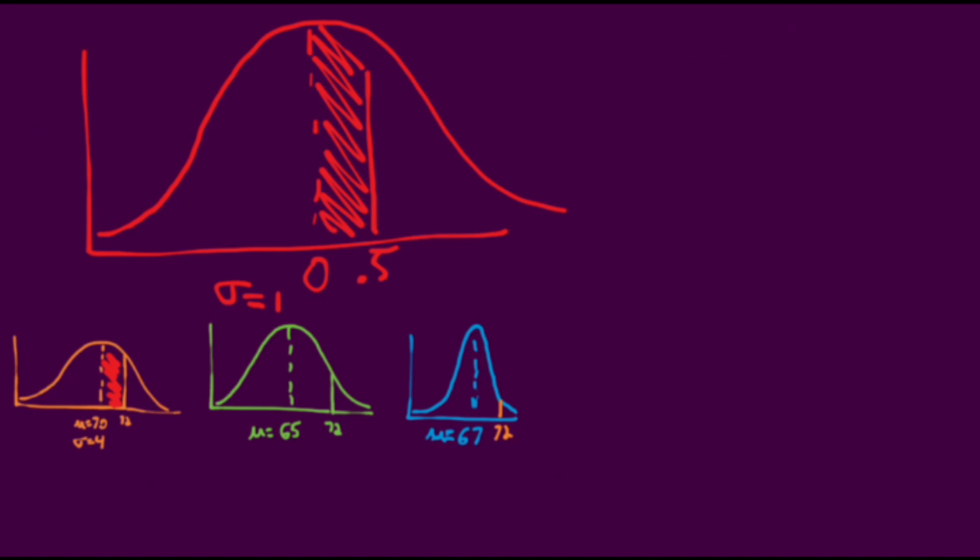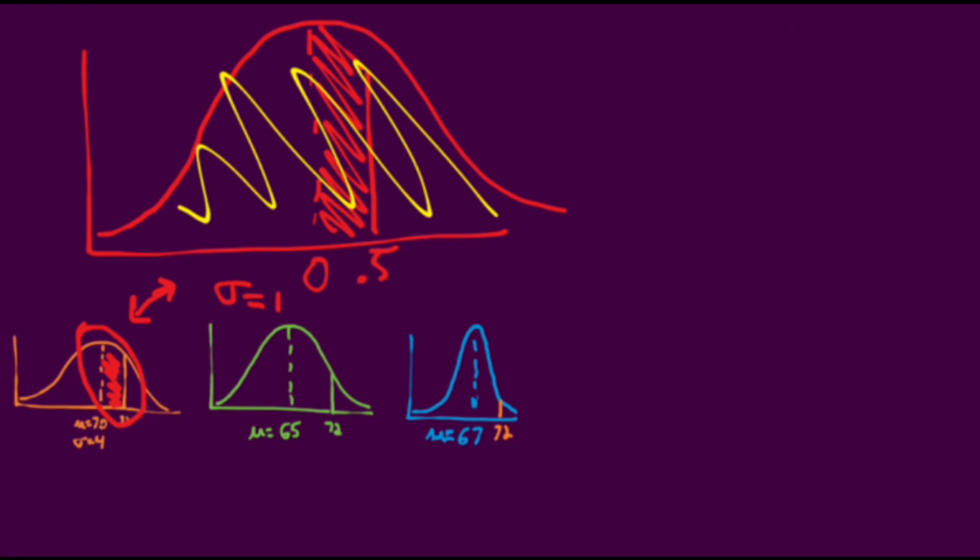This is a helpful trick because if we wanted to find the area under this curve, we would have to integrate over the equation for that particular normal distribution. However, if we rely on the idea that these give us the same area, then the area under this whole curve is 100%, and likewise this whole area is 100%. What we're really interested in is that shaded red area, and that's the same share of the 100% in both cases.